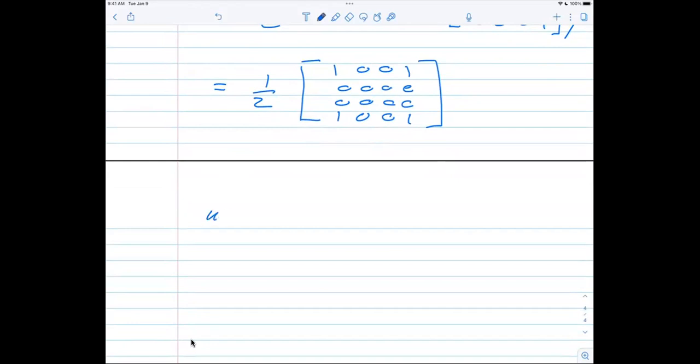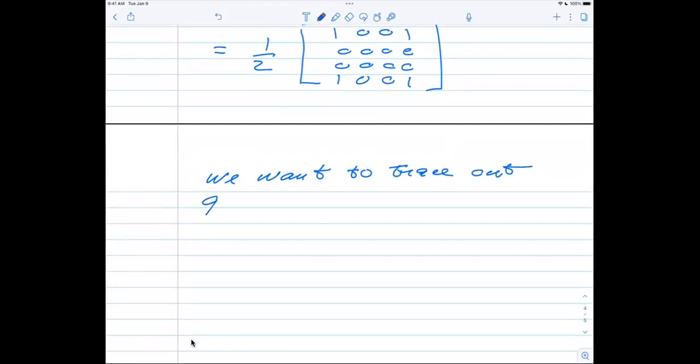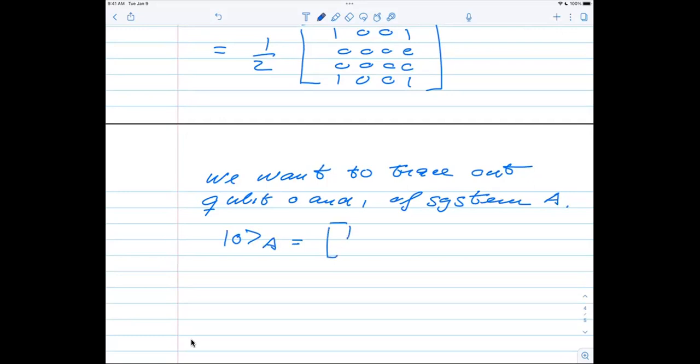So what we want is the following. We want to trace out the qubit 0 and qubit 1, 0 and 1, of system A. So what we are going to do is simply to perform a tensor product, so this specific state A here is going to be a tensor product of 1, 0 with the identity matrix.